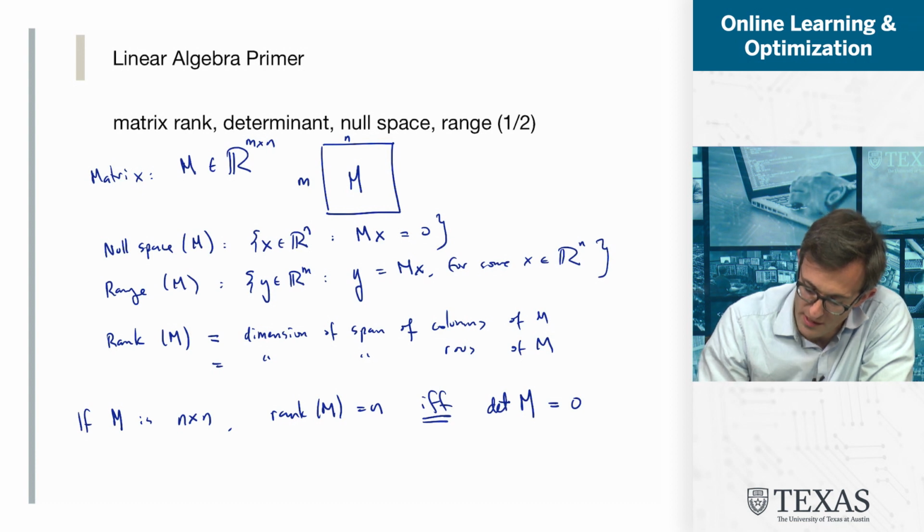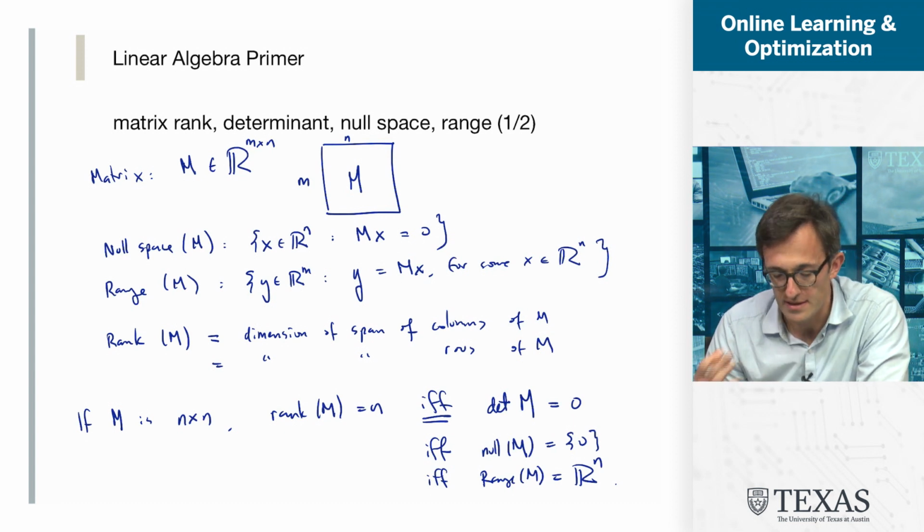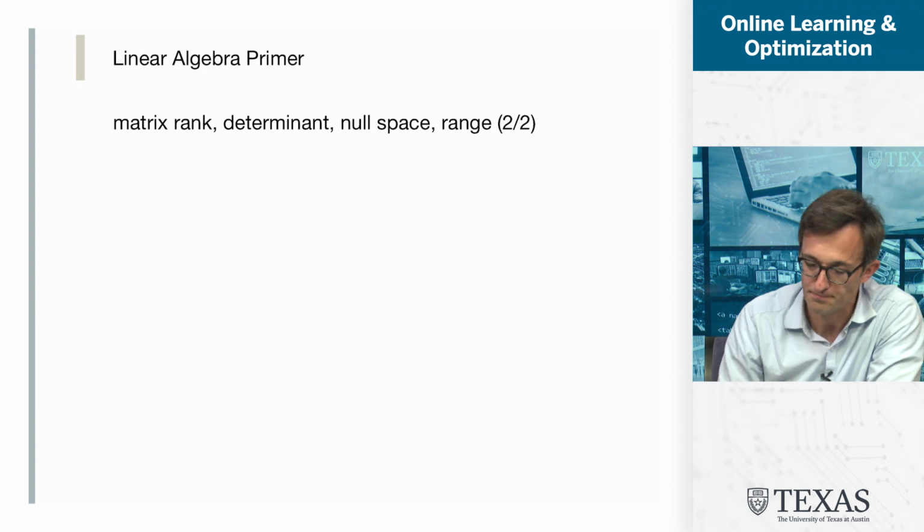And this is true exactly when the null space of M is equal to the 0 vector. And this is exactly the case when the range of M is all of R^n. So these are 3 properties that it's very handy to have at the tip of your mind.